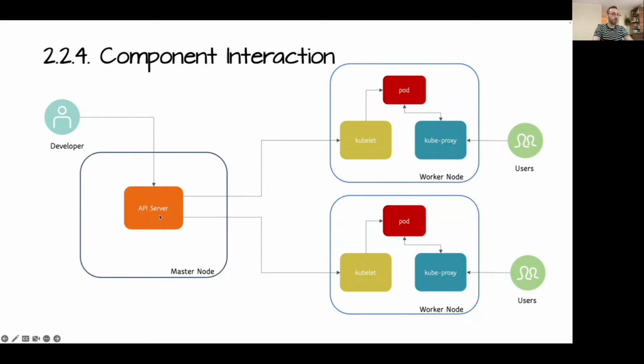We will use kubectl for this, which is the Kubernetes client. And then the API server will forward those get pods or other commands to the kubelets on the worker nodes, and then this one will do what it was asked for, and then will report back to the API server.